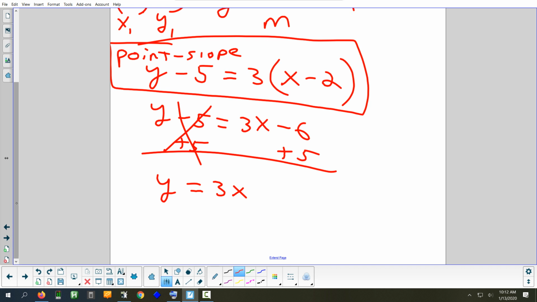What's negative 6 plus 5? Careful, it's not 6 plus 5, that would be 11. Negative 1. Okay, any questions on that?